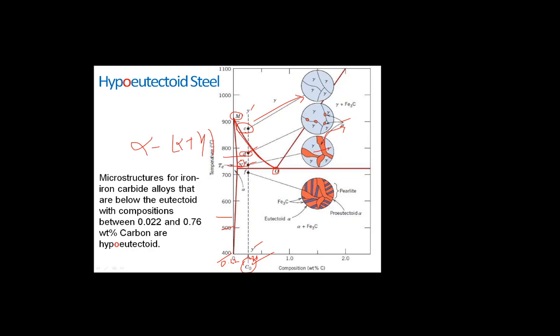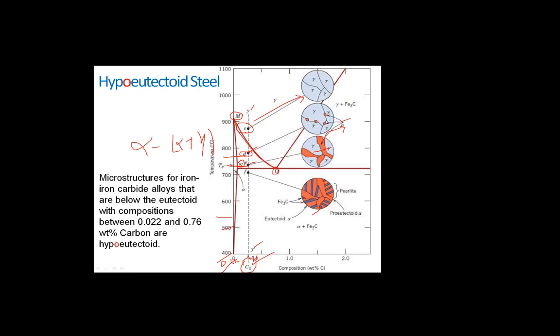As the temperature goes below the eutectoid point F, all the gamma phase present at TE, having the eutectoid composition, will transform into pearlite, that is pure pearlite, according to the reaction. There will be virtually no change in the alpha phase that exists at the point E in crossing the eutectoid temperature.